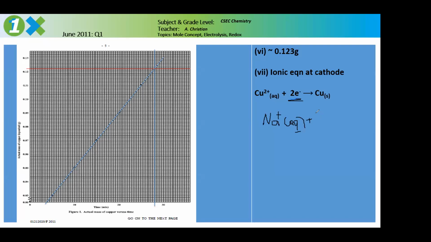How many electrons? 1 electron. And then it will give you sodium solid. So instead of comparing it to 193,000, we are now comparing it to 96,500.